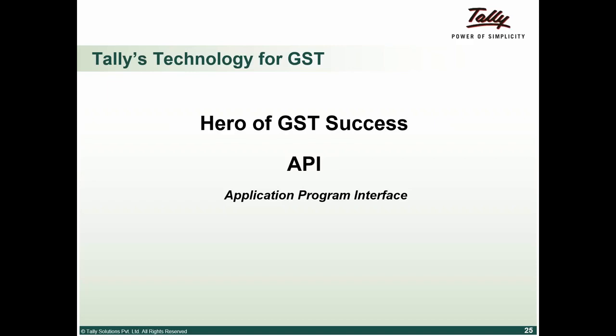For the first time, the government is providing the application program interface to the ASPs, which means application service providers, so that this interface can help software developers develop products that can seamlessly communicate with the GST and ensure that the compliances are met as per the requirement of the law.